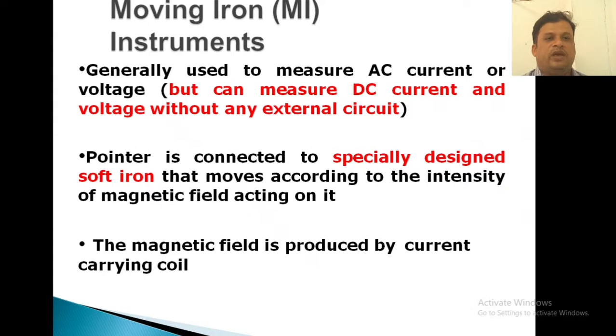The magnetic field is produced by a current carrying coil. As you all know, there is a current carrying coil placed inside the meter, and when current is passed through it, a magnetic field is developed, and from that magnetic field the deflection starts.